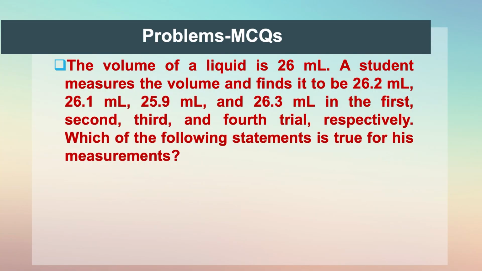The first problem: the volume of a liquid is 26 ml. A student measures the volume and finds it to be 26.2 ml in his first measurement, 26.1 ml, 25.9 ml, and finally 26.3 ml in his first, second, third and fourth trial.